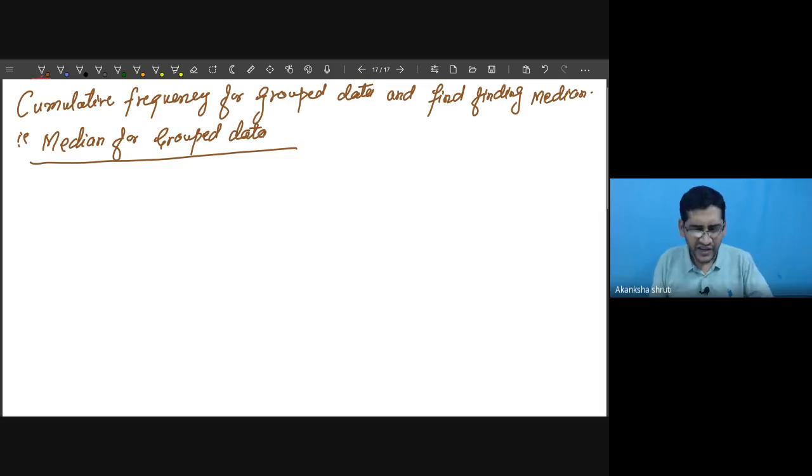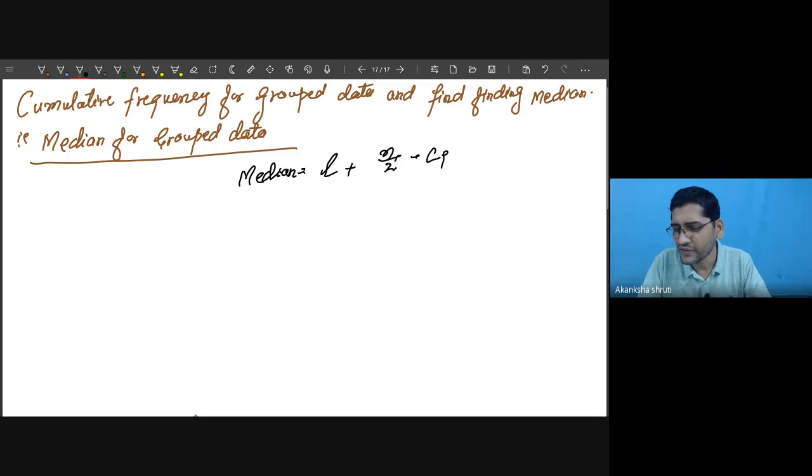It is this one. That is, we want to apply the formula: median is equal to median class lower limit plus total frequency by 2 minus cumulative frequency of the class preceding the median class, divided by frequency of median class, and this entire thing we have to multiply by h.